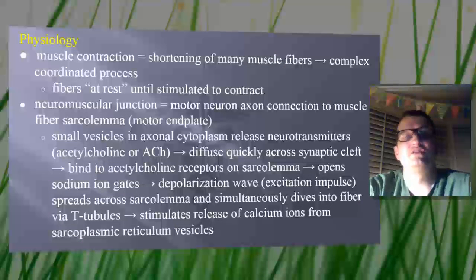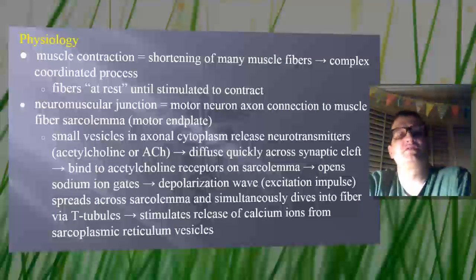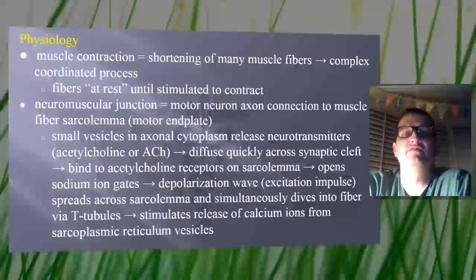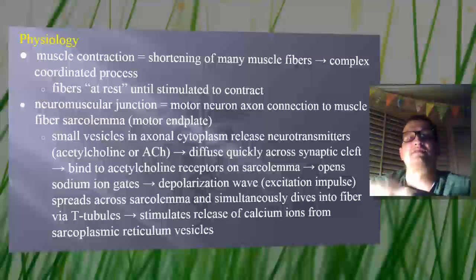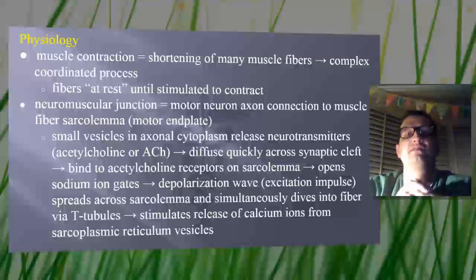So the physiology of a muscle contraction is basically the sliding filament theory. What that says is that the myosin and actin combine, and there's a dynamic process of actin sliding over myosin to cause the entire muscle to contract.